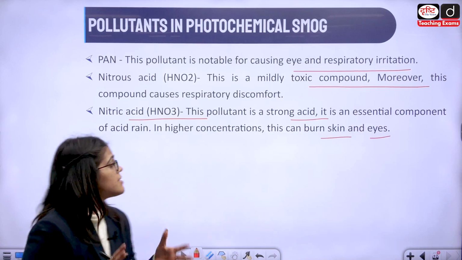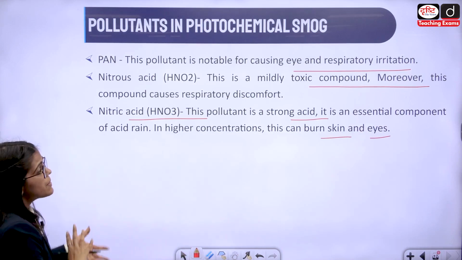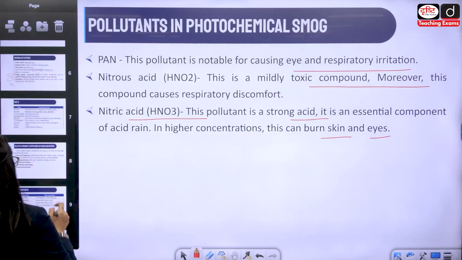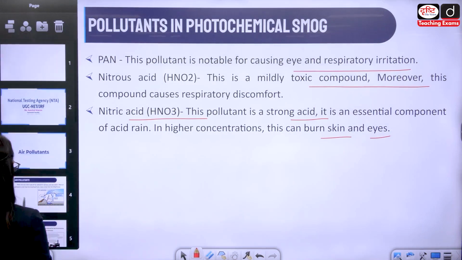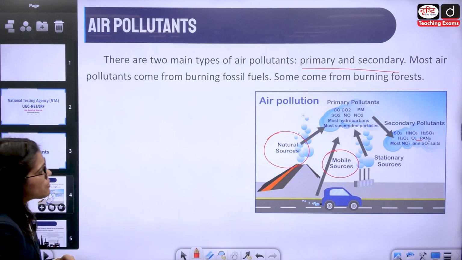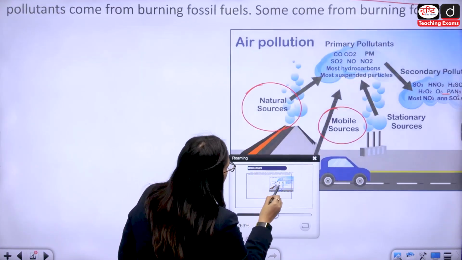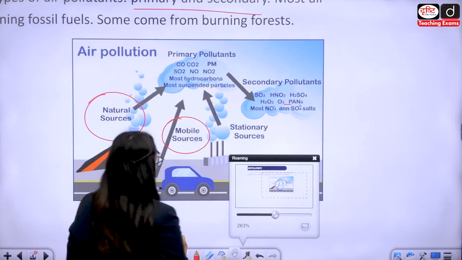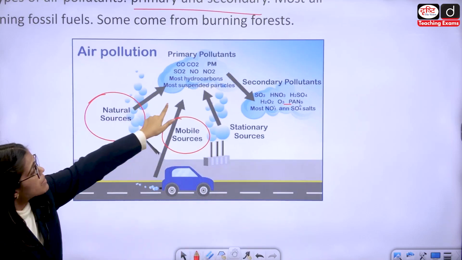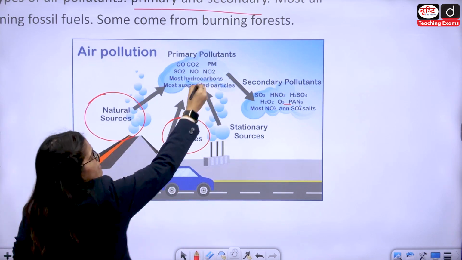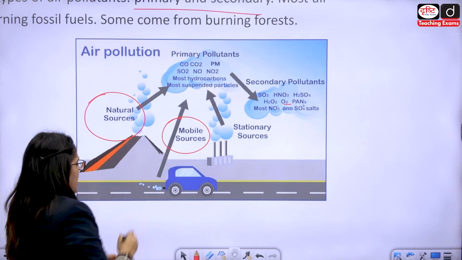So these are the various primary and secondary pollutants. Let us quickly revise what we did so that things become clear. This picture becomes very important for you all. I hope this is visible also. There are primary pollutants and there are secondary pollutants. CO, CO2, particulate matter 2.5 and 10. Then we have SO2.